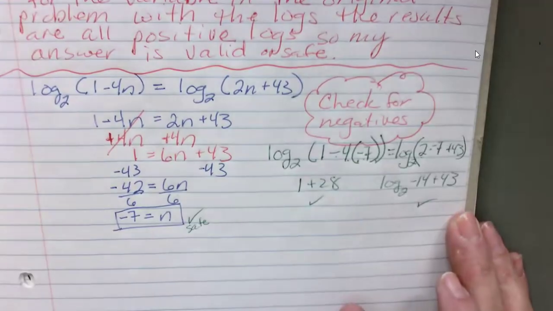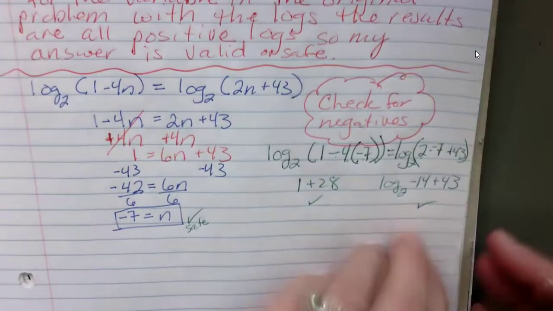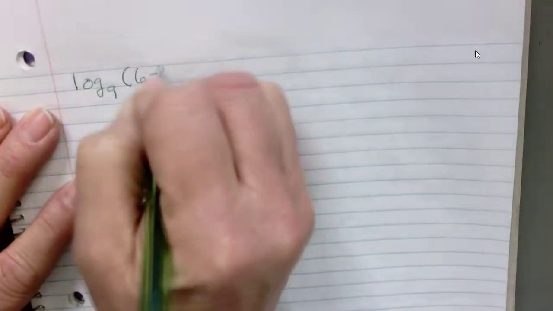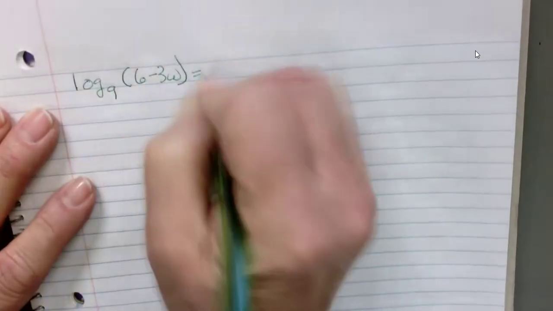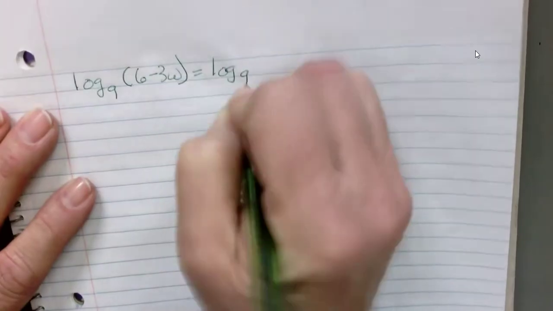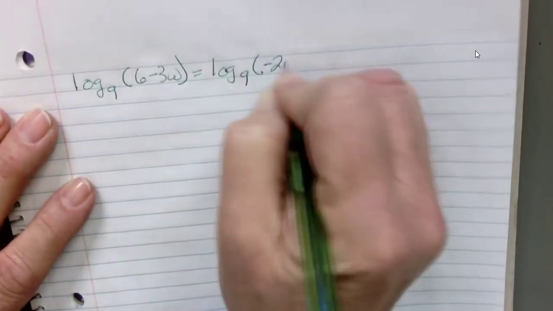And I'm turning the page. Our next problem to solve, let's go with log base 9 of the quantity 6 minus 3w equals log base 9 of the quantity negative 2w.